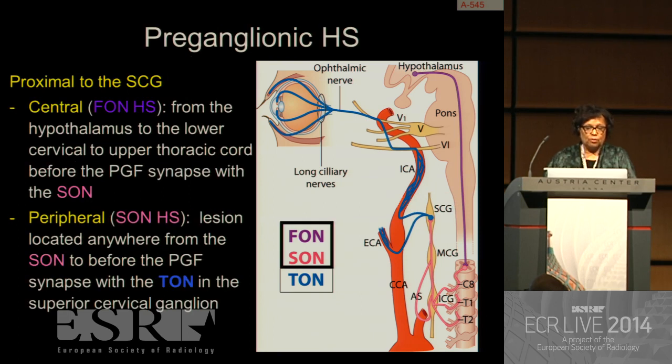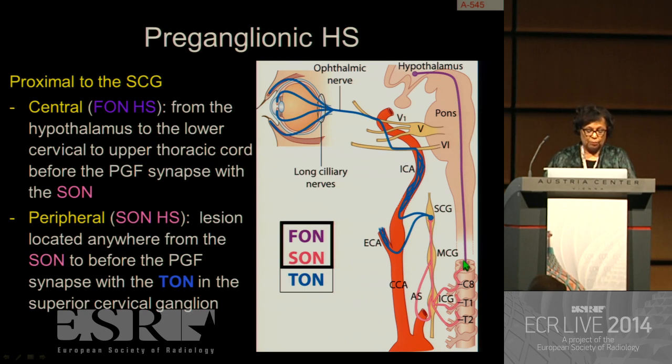The preganglionic Horner syndrome can be further subdivided, calling them central or first-order neuron, or peripheral or second-order neuron Horner syndrome. So the central ones are the ones that go from the hypothalamus, and it can involve all the postganglionic fibers before they synapse in the second-order neuron.